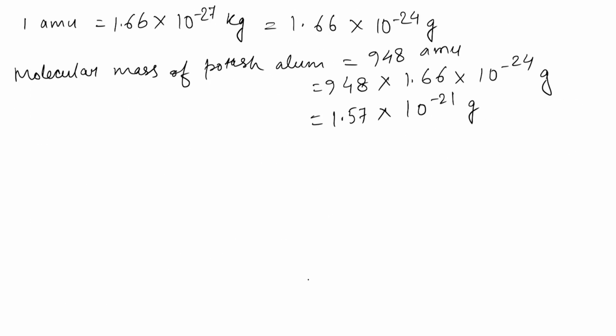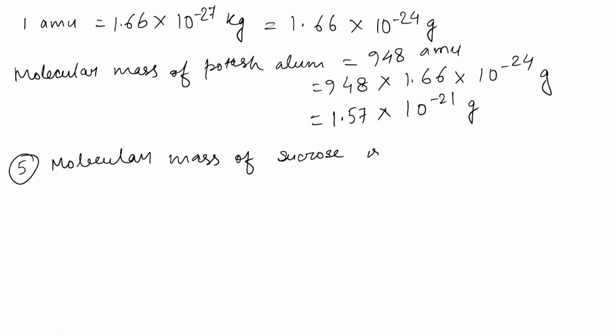Now let's see one other example related to molecular mass, but this one is a little different. Okay. So the molecular mass of sucrose is 342.30 AMU.